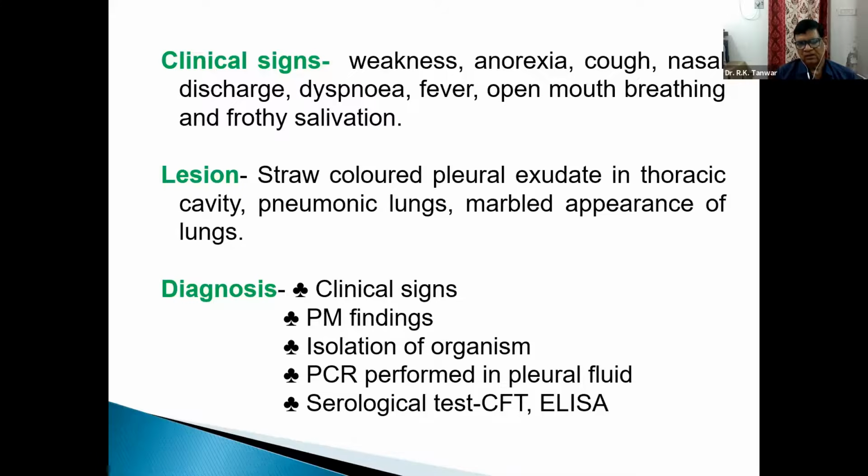This is the one disease where you will find the pleural exudate in the thoracic cavity and marbled appearance, meaning the fibrin appears as a marbled appearance on the parietal and visceral pleura. Diagnosis by clinical signs, PM findings, isolation of the organism. Again, this is a difficult task, only a specific laboratory can do it.